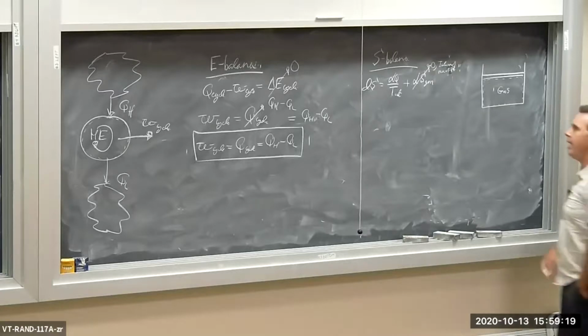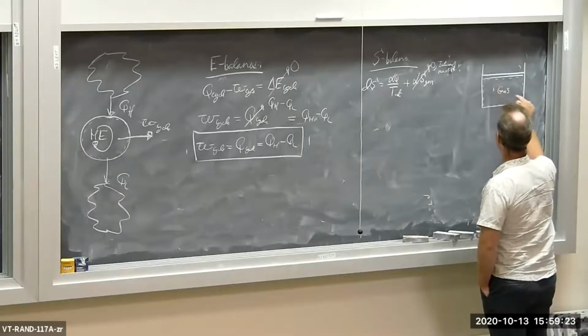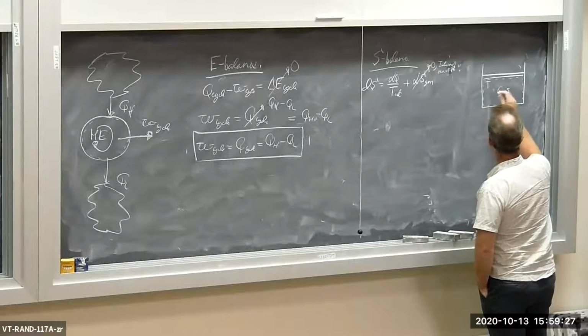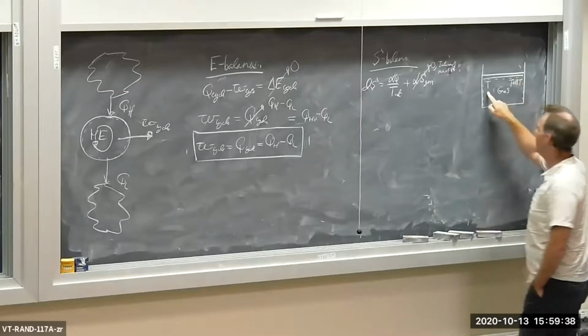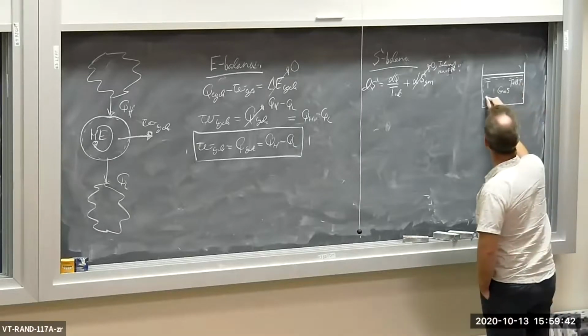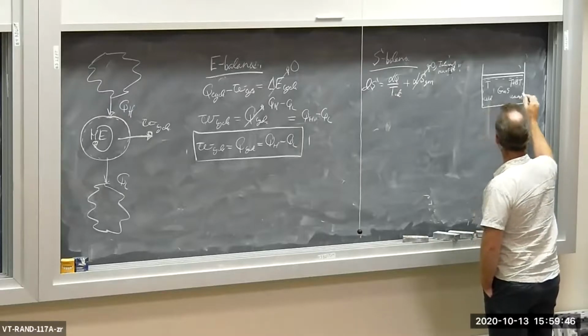Now, let's say somewhere inside the system, the temperatures were different. Let's say we have a temperature over here, T, and then over here I have T plus a delta T. So it's cool over here and warm over here.